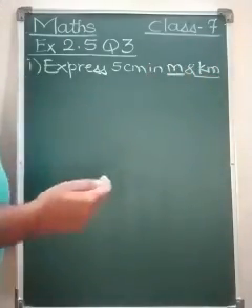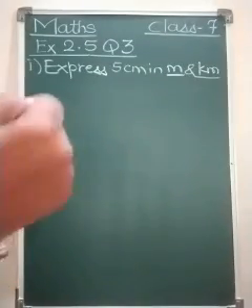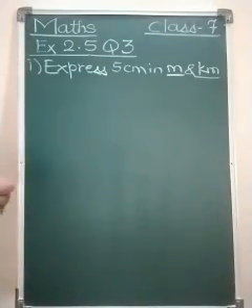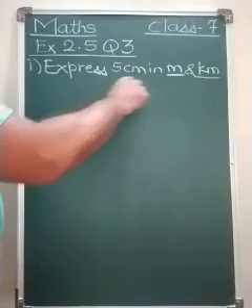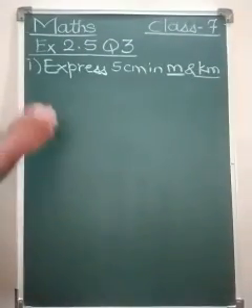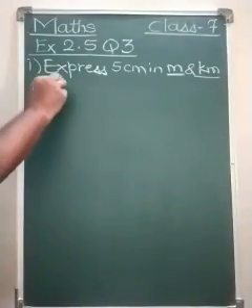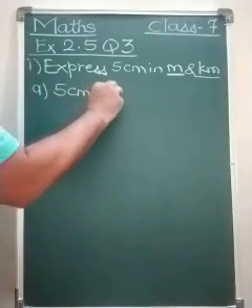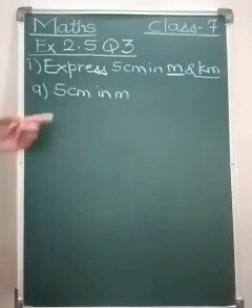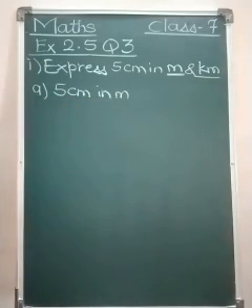Now this first sum is quite easy, but the second sum is quite lengthy; there you will come to know how we do it very easily. So this is the first sum: express 5 centimeters in meter and kilometer. So A part, 5 centimeters in meters. Now we have to convert 5 centimeters into meters.